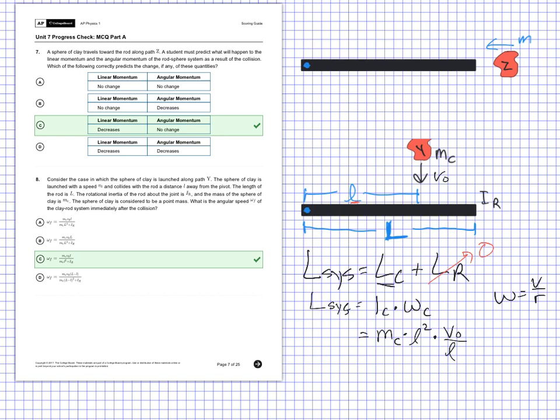So this breaks down to having the total angular momentum, L of the system, would just equal the mass of the clay times the velocity initial of the clay times the radius that the clay is going to smack into, which we're going to call lowercase l. So that is technically both of these things added together. That's the clay and the rod. We just so happened that the rod was 0 to begin with, so all of that system's momentum should be equal to this.